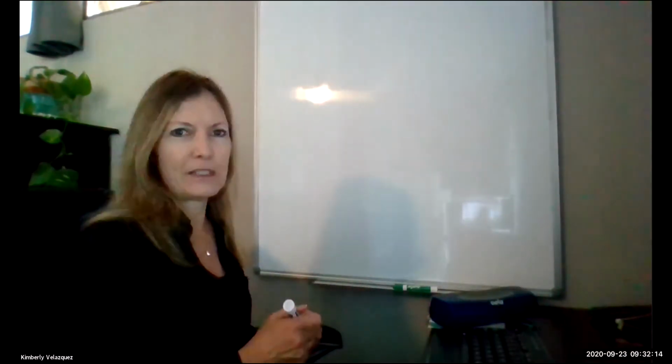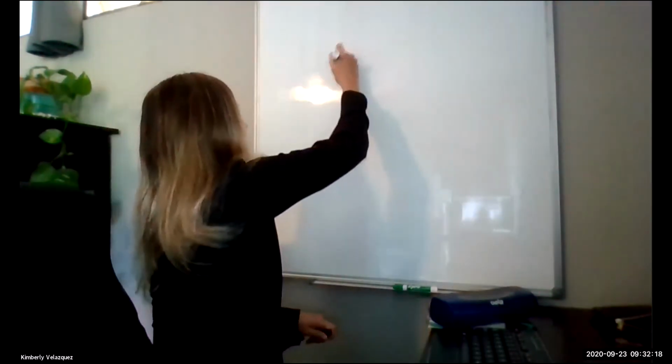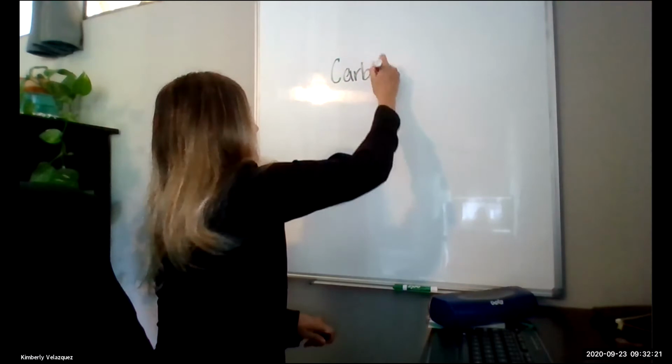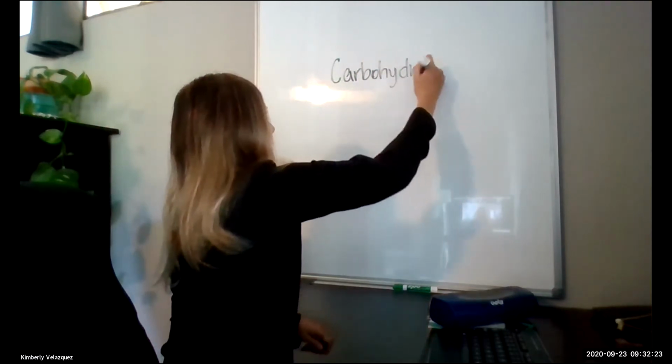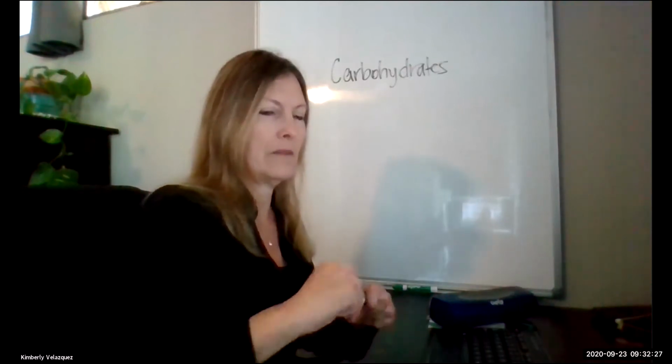Okay, so this week we are talking about macromolecules, and I just want to list the 4 categories of macromolecule on the board for you. So carbohydrates. Okay, I already know I need a better black marker here.